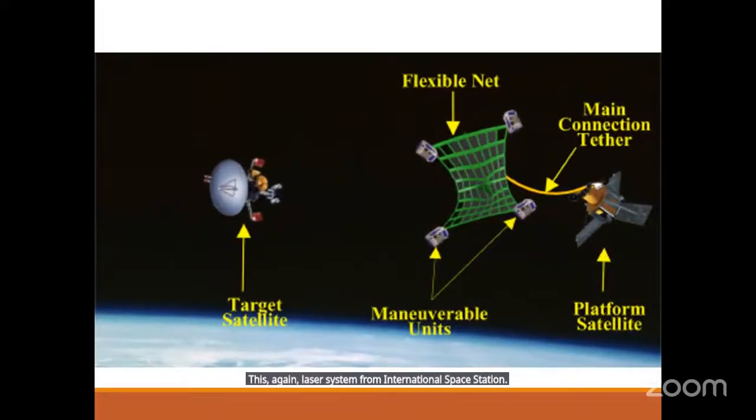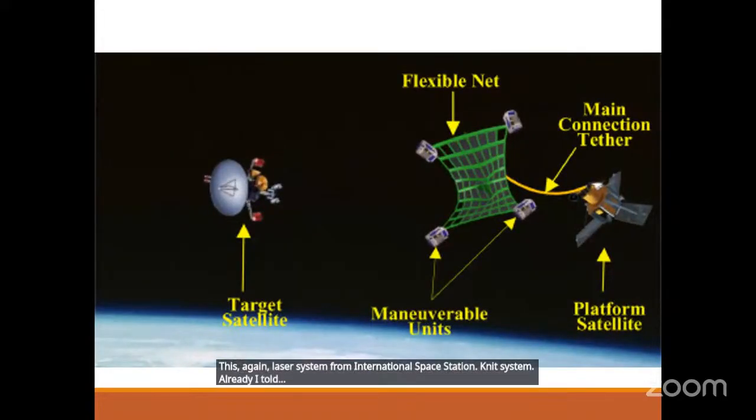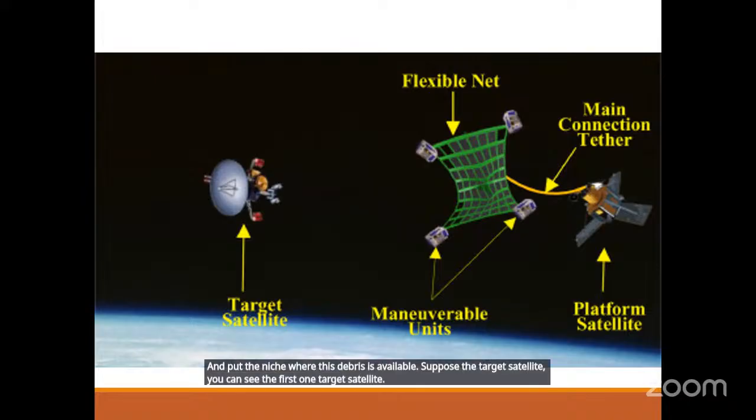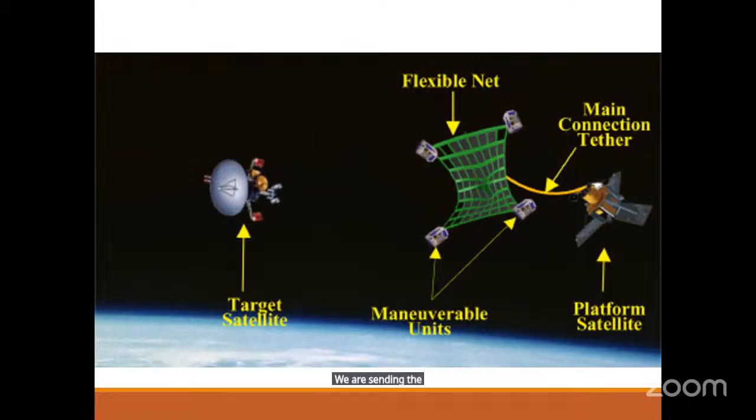The net system, as I already told, is easy to use. You can send the net with a very strong tether as the main connection, and put the net where the debris is available. Suppose the target satellite, you can see the first one, the target satellite. We send the net with the tether, so automatically it will capture it and then pull it back.